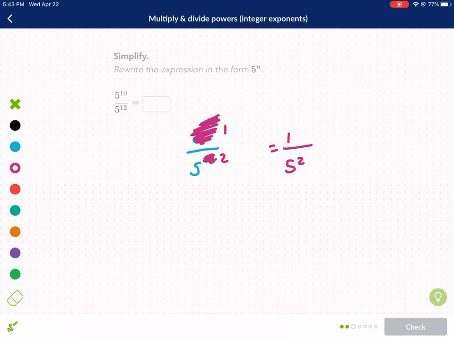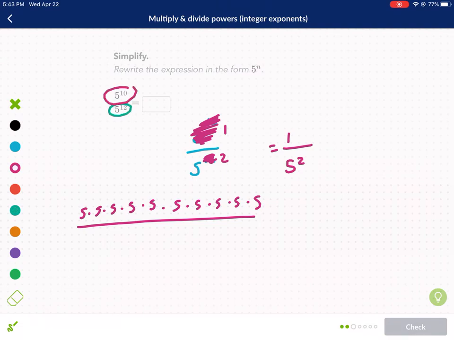Well, why is that the case? Let me quickly write 5 times 5 times 5 times 5 times 5 times 5 times 5 times 5 times 5 times 5. That's 5 to the 10th power. And that is all divided by 12 5s being multiplied together. This is expanded form, in case you're wondering.